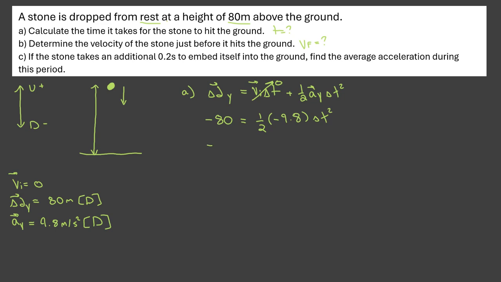So I'm going to get negative 80 equals negative 4.9 time squared, and then I'm going to divide both sides by negative 4.9.